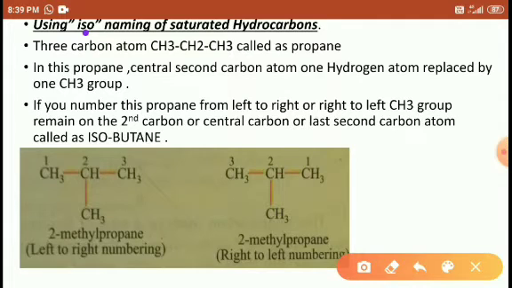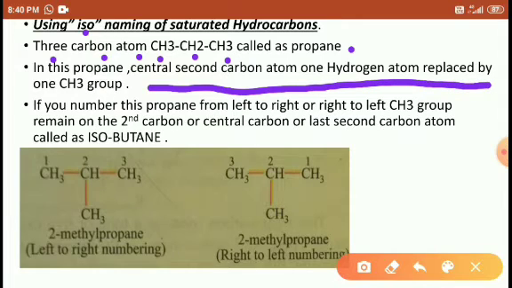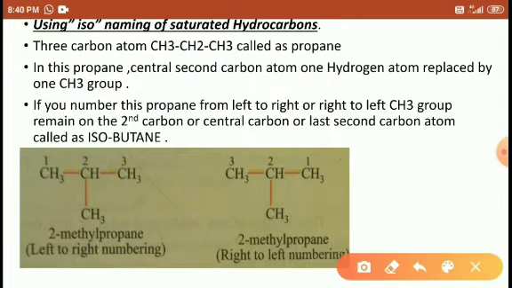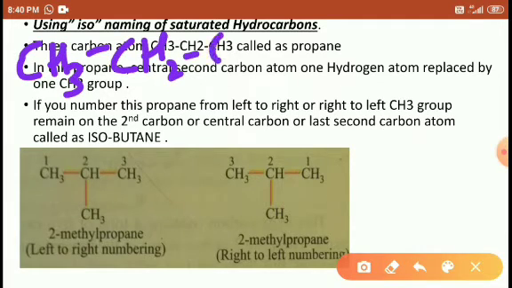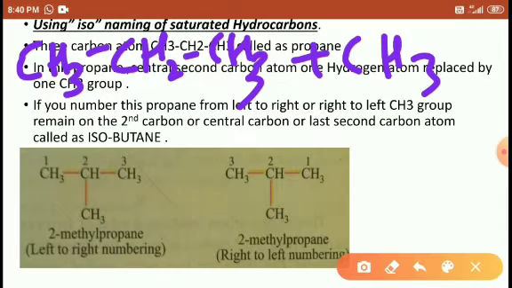When we use the word iso, consider three carbon atoms, CH3 CH2 CH3, called propane. Right friends, in this propane, on the central second carbon atom, one hydrogen is replaced by a CH3 group. I am using here CH3 CH2 CH3, and I want to add one more CH3 on the second carbon atom.